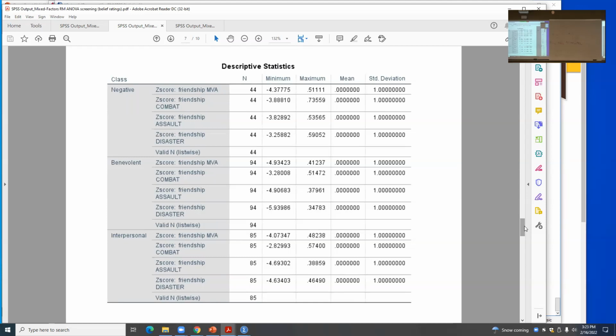If I didn't know anything about this design and I just looked at this table of z-scores, would I be concerned?